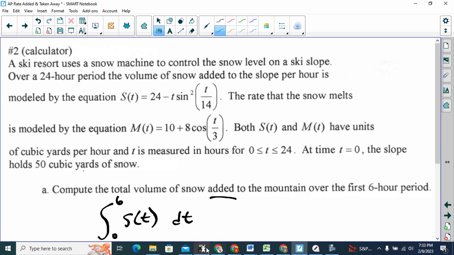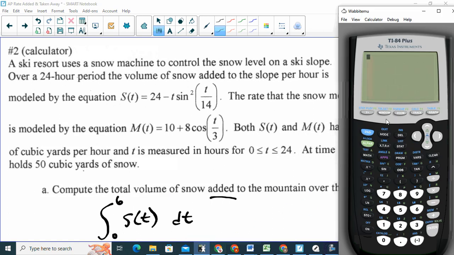Because this is a calculator problem, we can then go to y equals on our calculator. Type in our equation, 24 minus x times sine squared of x over 14. So sine of x over 14, squared.